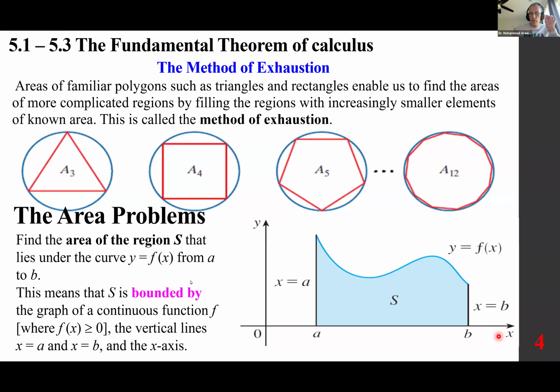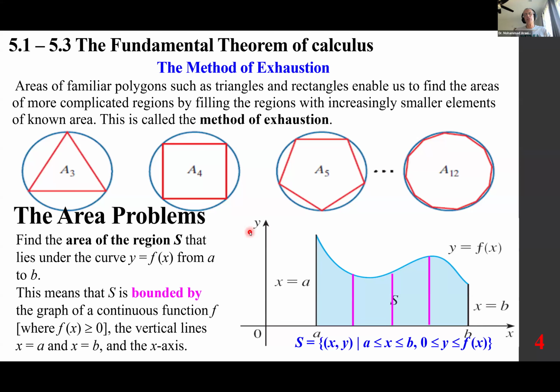So the synopsis of that is explained here. S represents every pair x comma y such that x is between a and b, and y is between 0, the x-axis, and y equals f of x. Now, we cut this into so many rectangular shapes.